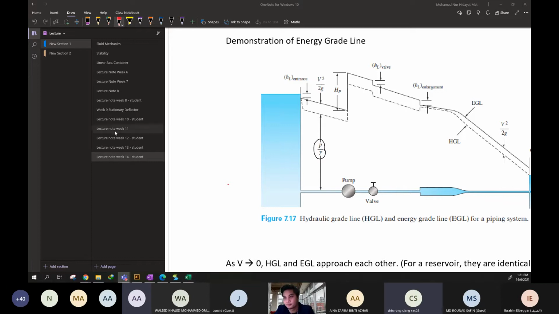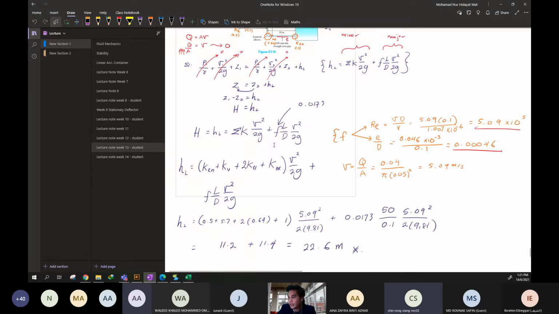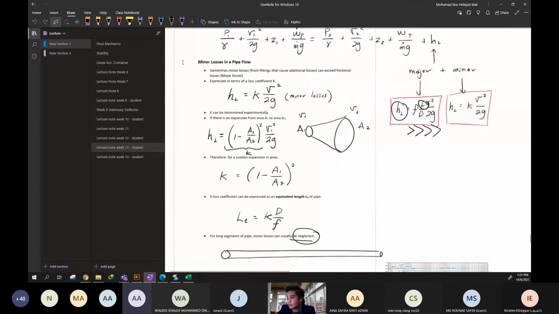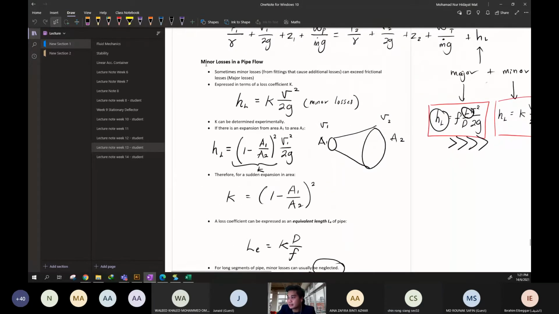When you look at my previous lecture, do you notice that we cover the minor losses? Remember the minor losses come from the change of pipe geometry. From a smaller section to a bigger section, we have loss. From a bigger section to a smaller section, we have loss, the contraction of pipe.